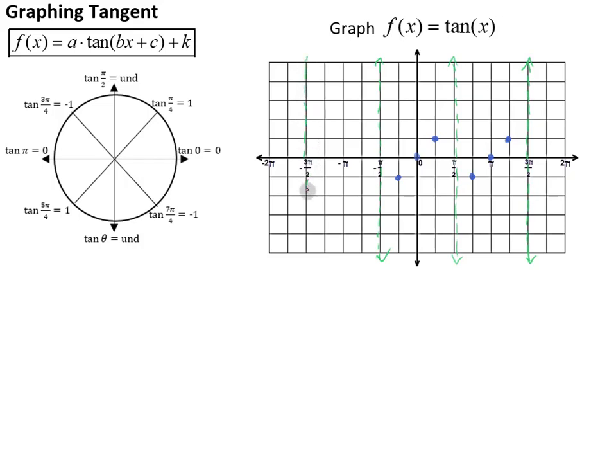That pattern would continue. We also get a 0 halfway between the vertical asymptotes, and it goes up 1 on the right and down 1 on the left, halfway between the 0 and the asymptote.